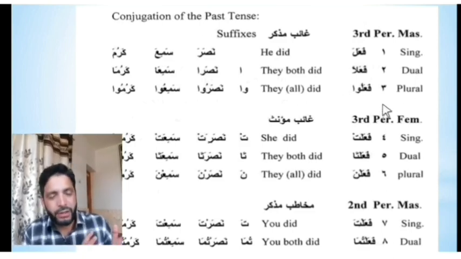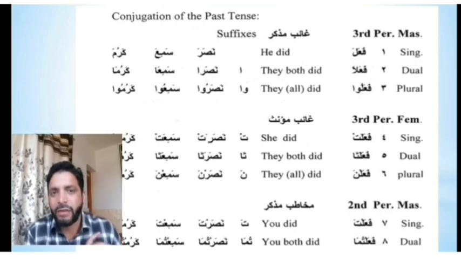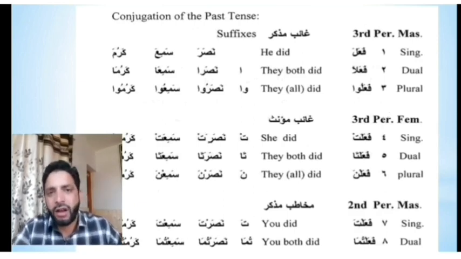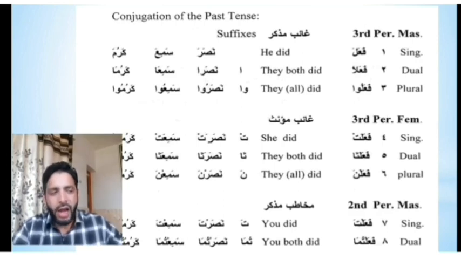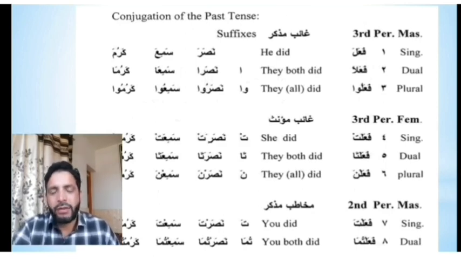So suppose a person is in the room and he went out, if he's a male, I say kharaja. And if two men went out from this room, I will say kharaja, because for two there is a separate form.